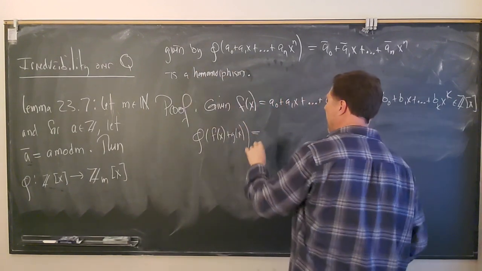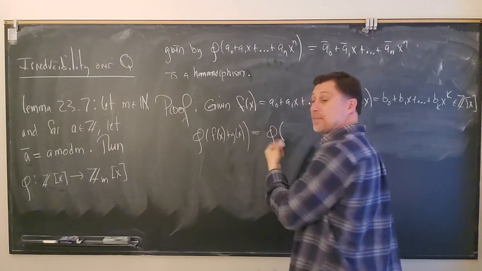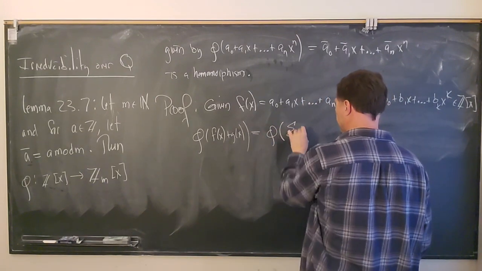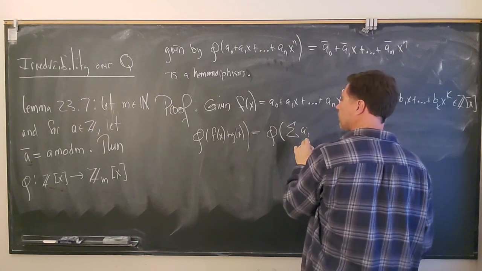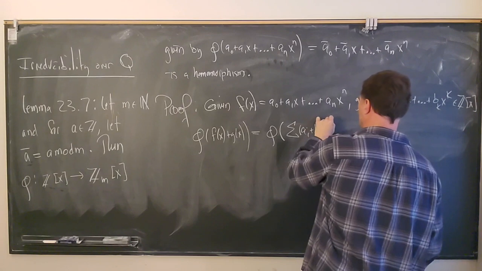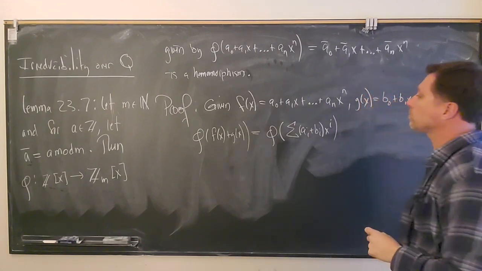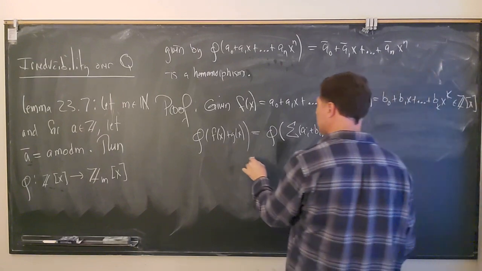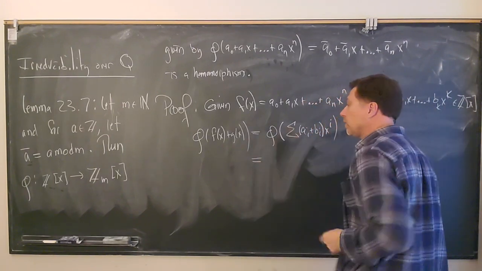When we add the polynomials together, using sigma notation, it will be phi of the sum of (a_i plus b_i) times x^i. What does the function tell us to do?